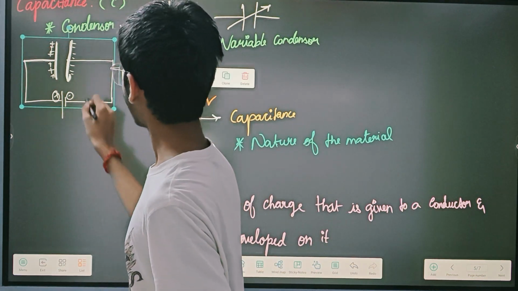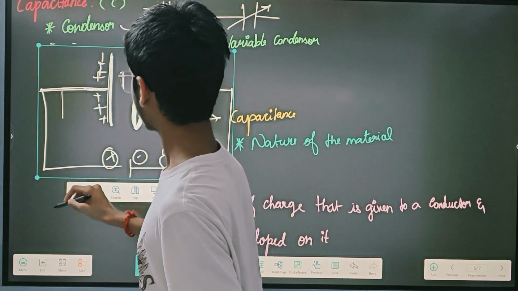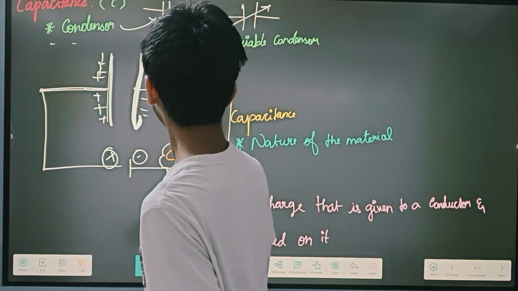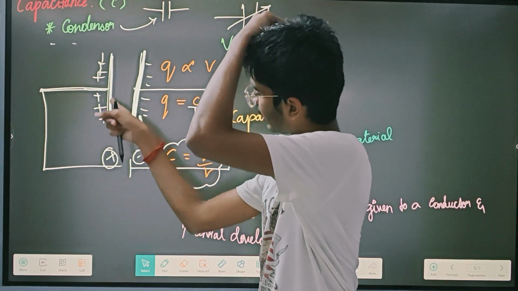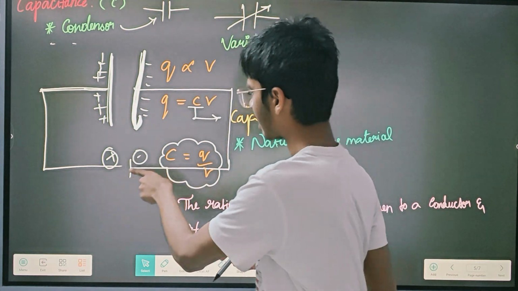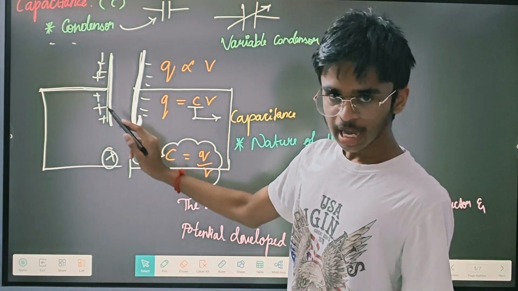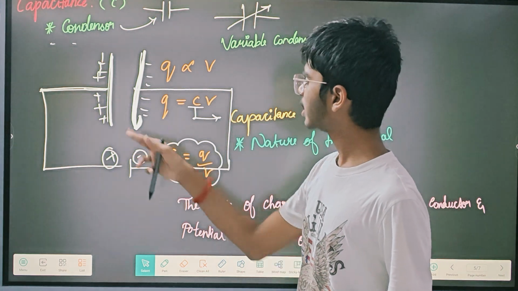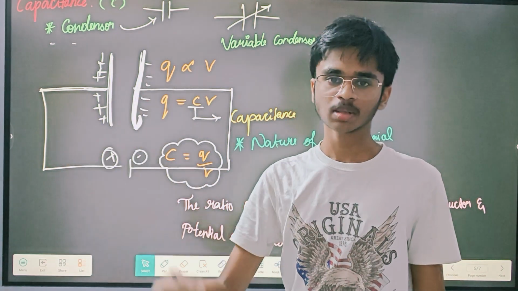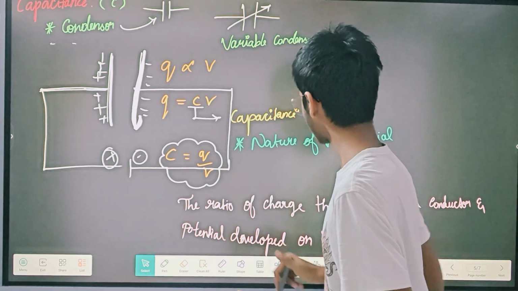If not, I can make it a little bit bigger, like this, and I will make it small again. From here you are giving charge to this one. So after giving charge, the charge is being developed on the conductor, and automatically there will be some potential. That ratio between the charge and the potential is known as capacitance.